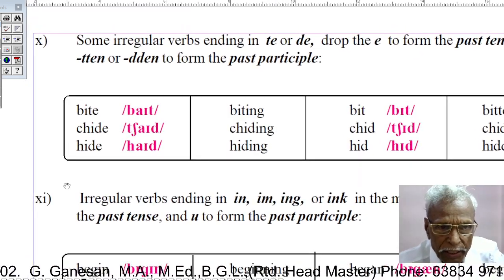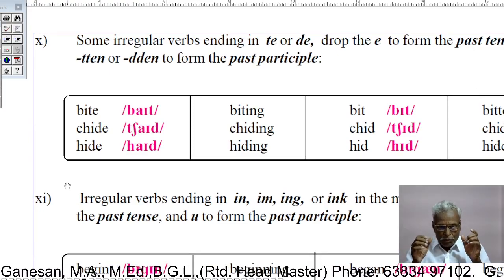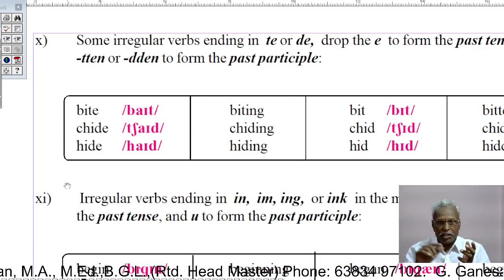Let us see the tenth one. Some irregular verbs ending in TE or DE.